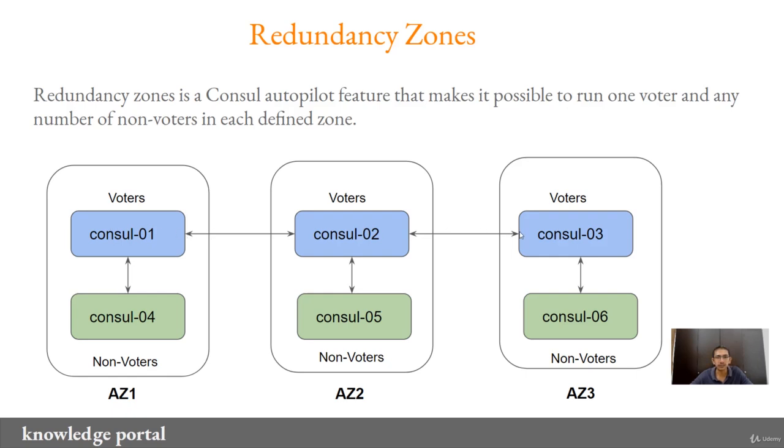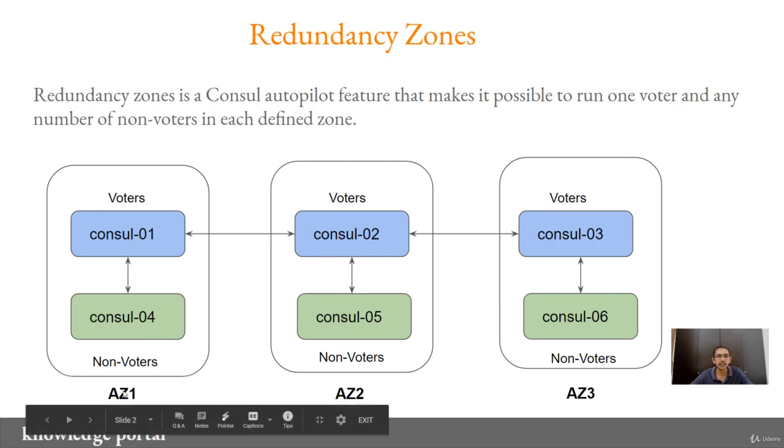Now these 3 servers are also considered voters primarily because they play a role in forming a quorum. With the help of redundancy zones, you can create a few more servers as a backup for the primary servers in each availability zone.